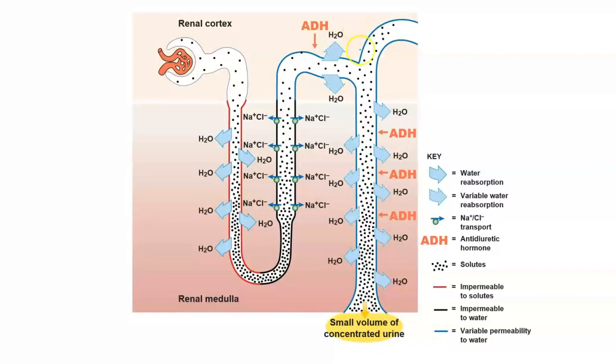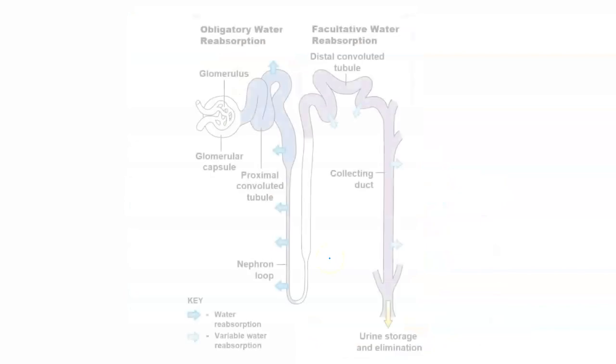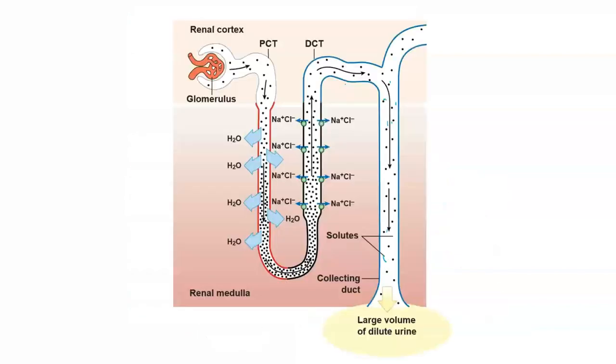Over here it changes, right? You have it being not very salty, and then as it gets further down it becomes very salty. The osmolarity is going to increase, and this would result in a smaller volume of concentrated urine. So if you want to reclaim water, you'll release anti-diuretic hormone and you will excrete a small volume of highly concentrated urine. On the flip side, if you have water that you need to get rid of, you will excrete a large volume of dilute urine.